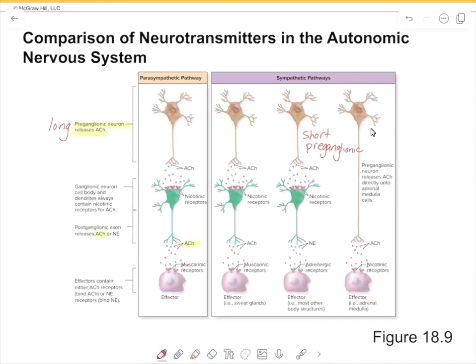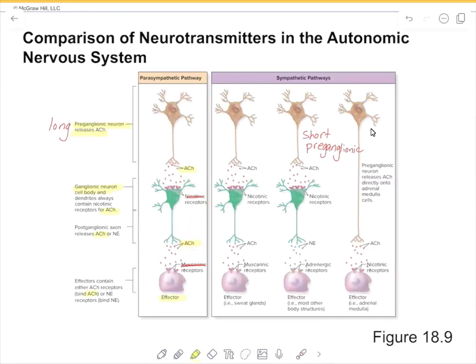The term muscarinic or nicotinic you do not need to know. But remember that the ganglionic neuron is what has a cell body, and that always is where acetylcholine binds. So the parasympathetic nervous system releases acetylcholine from the preganglionic neuron, and from the postganglionic neuron, it releases acetylcholine.